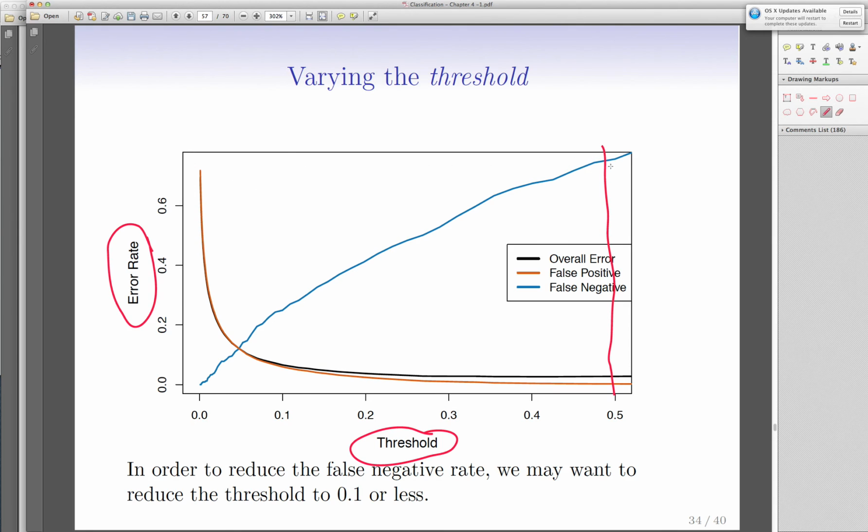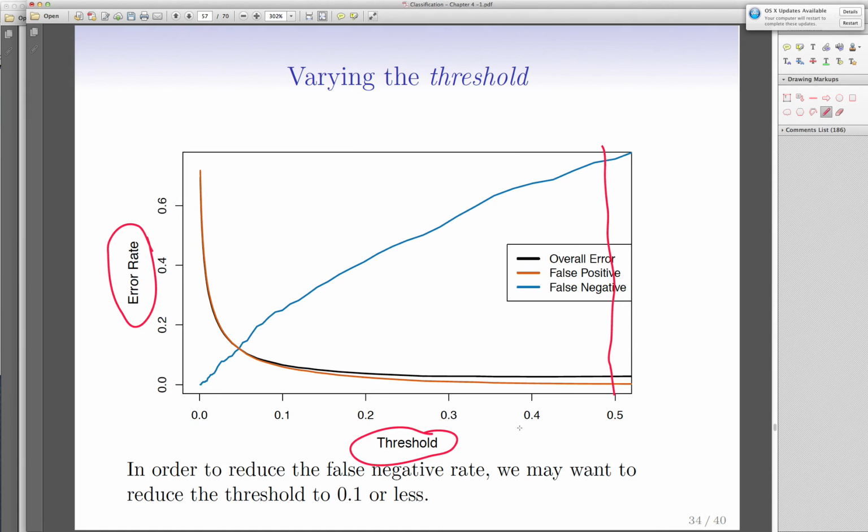So the error rate for defaulter, which is this blue curve, is 75%. The error term for no default is extremely low. It's close to 0. As you can see, it's extremely low. And this is the orange one. The orange one relates to those who will not default. So the error rate for misclassifying those people was extremely low. So the overall error rate was this much, which was 2.3%.